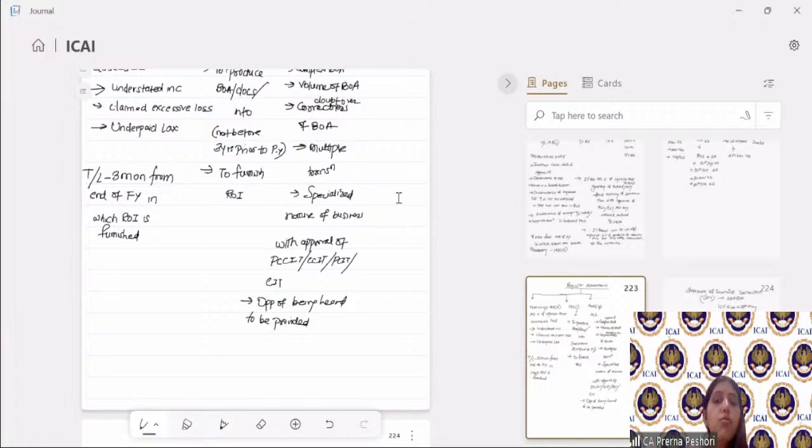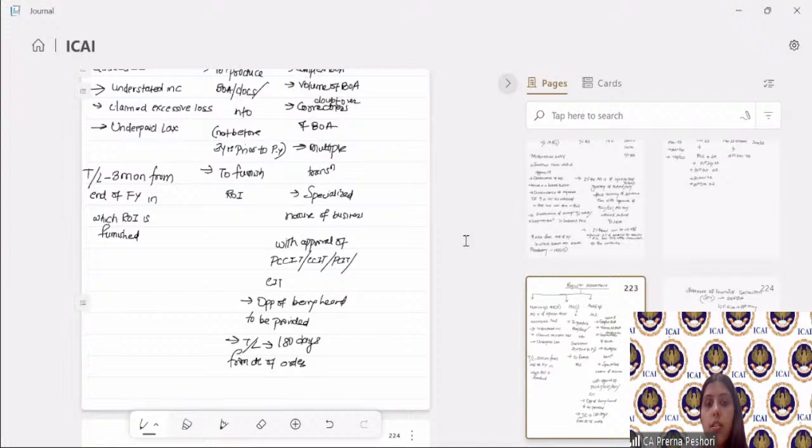But the time limit, or even the extended time limit if the AO is extending on application of assessee, should not exceed 180 days from the date of order issuing the directions.